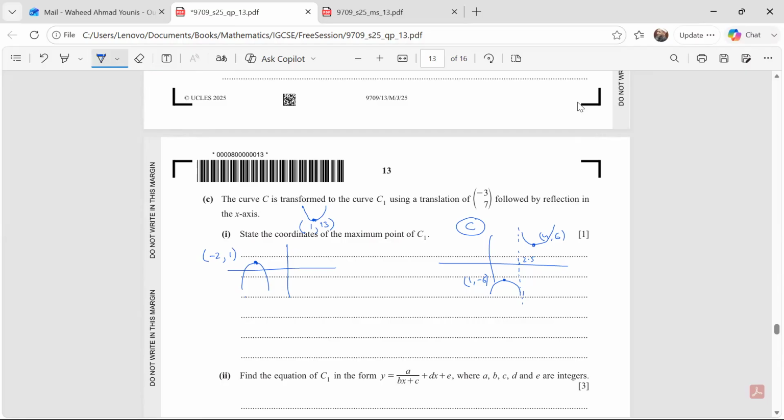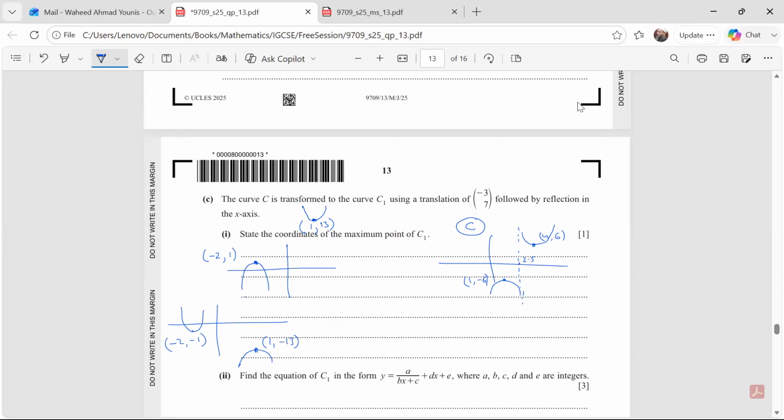Okay, and then it is followed by a reflection in the x-axis. So when we do the reflection in the x-axis, this will come over here, right? And it will become 1 and -13. And this point will be somewhere over here, which is -2 and -1.